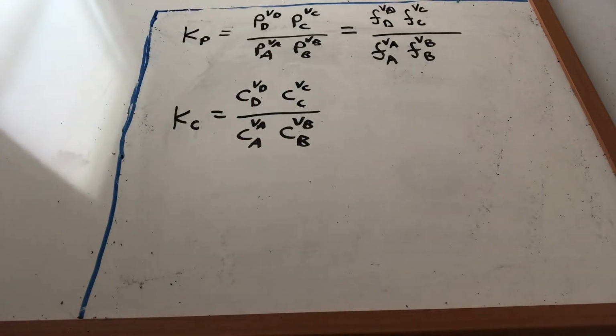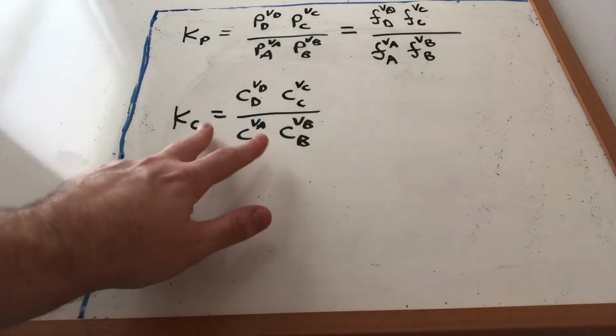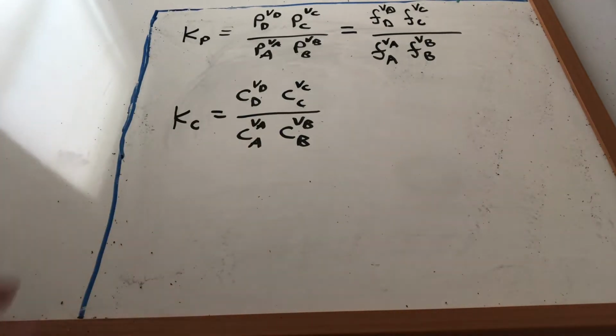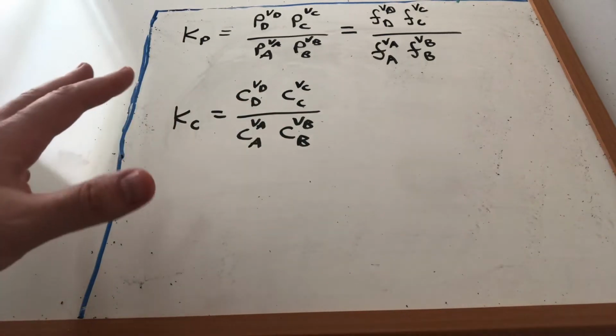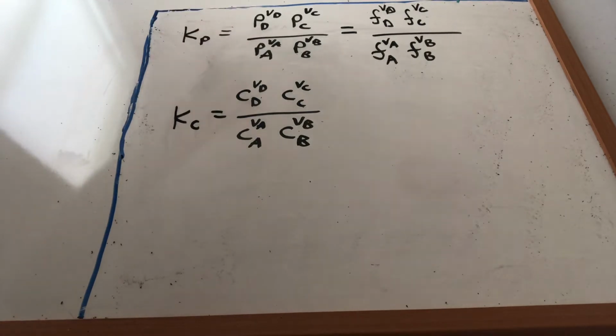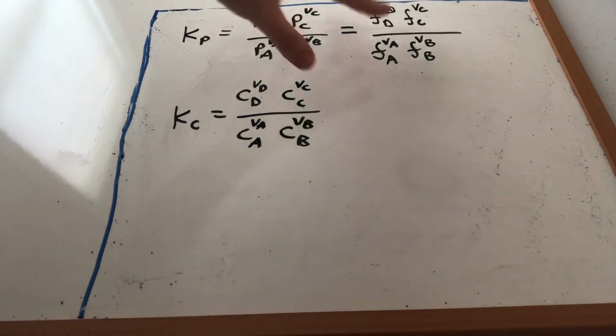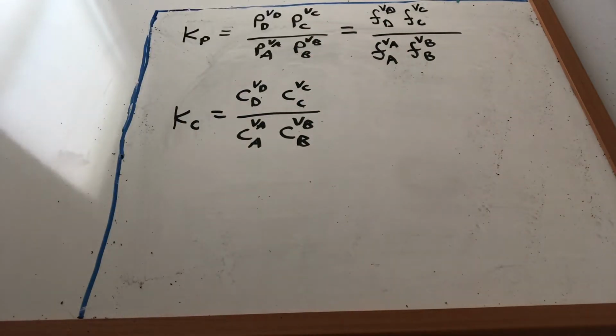This is true when everything is following whatever standard you're talking about. Whatever that means, and we don't have time to talk about it, concentrations are good when they're following a standard, just like pressures are good when everything's ideal. But when there's realness, I have to replace it with fugacities. Concentrations are the same thing.